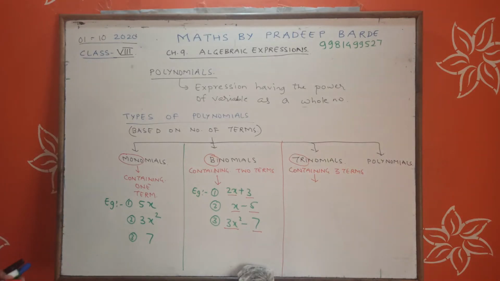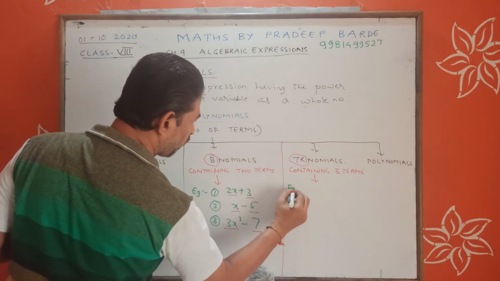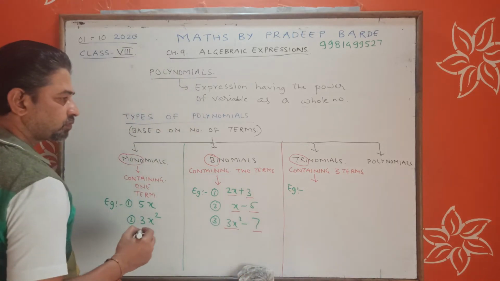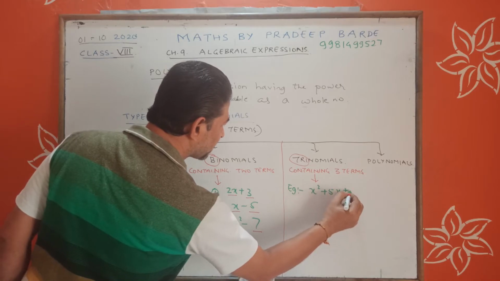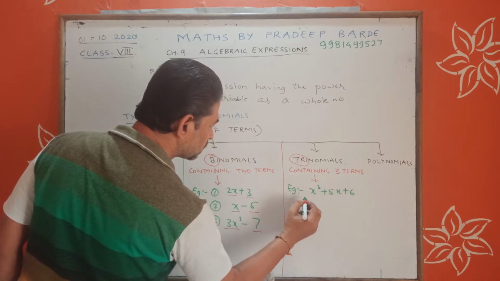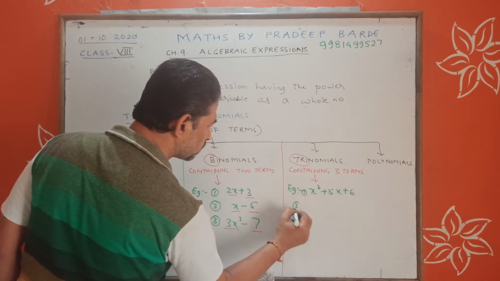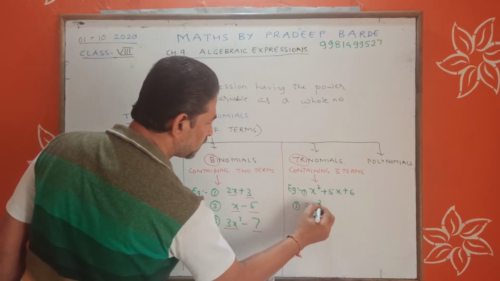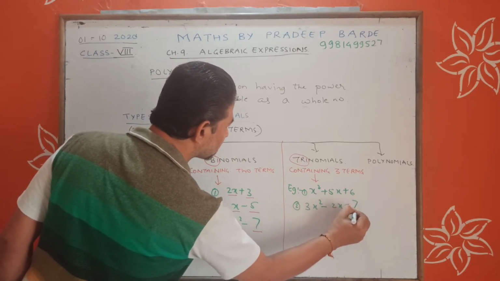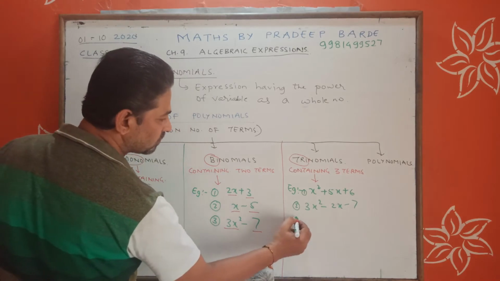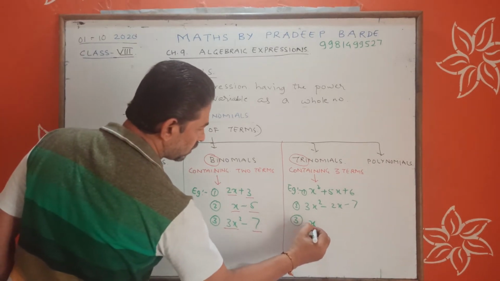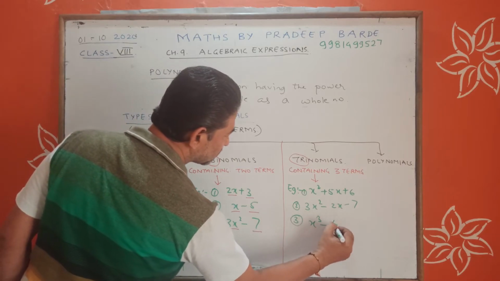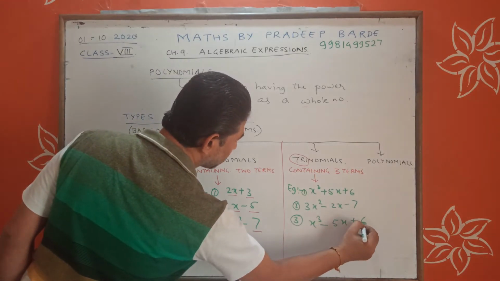Examples we can see. x square plus 5x plus 6. 3x square minus 2x plus minus 7. x cube minus 5x plus 6.